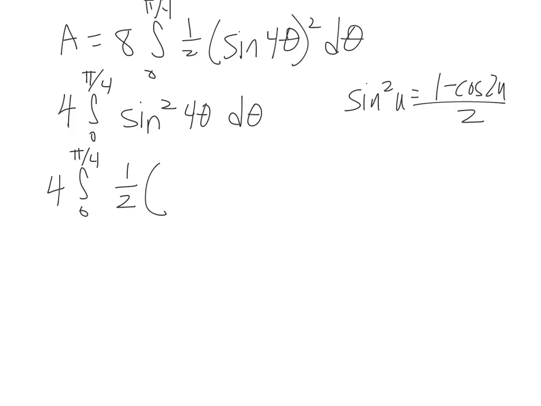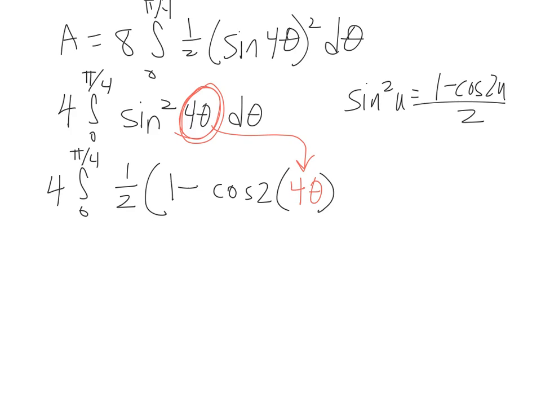So that's 1/2 times 1 minus the cosine of 2 times u. What is our u for this one? It's whatever the argument of the sine squared was. That's 4 theta. So 4 theta goes here. And then I've got d theta.